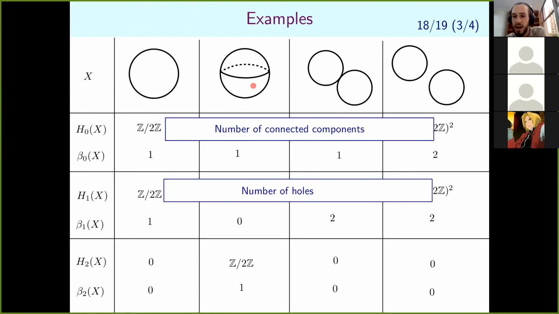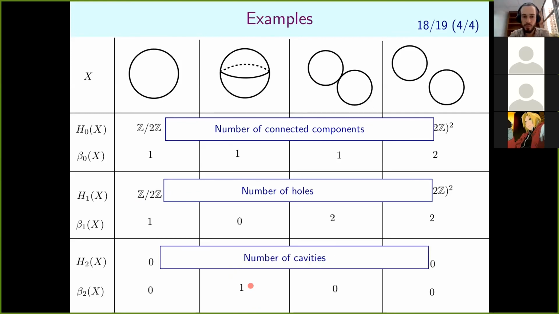The sphere has something else. The sphere has a cavity. This is a two-dimensional hole. And you could say that beta 2, the second Betti number, counts the number of cavities in our topological spaces.